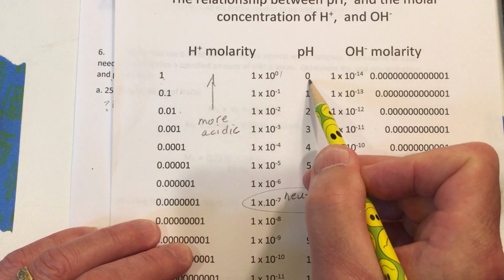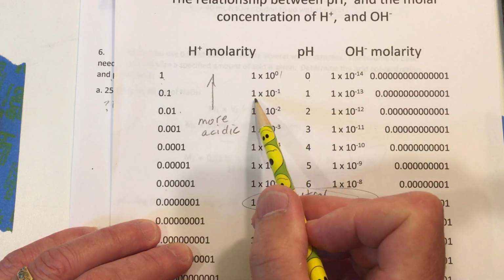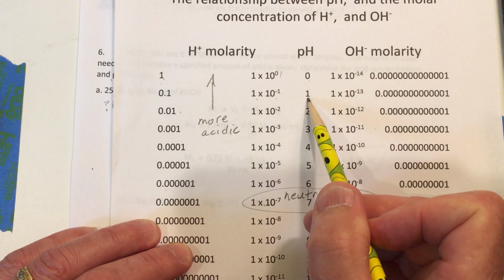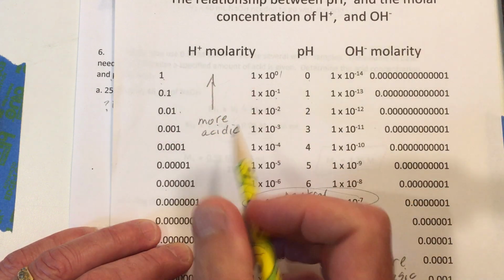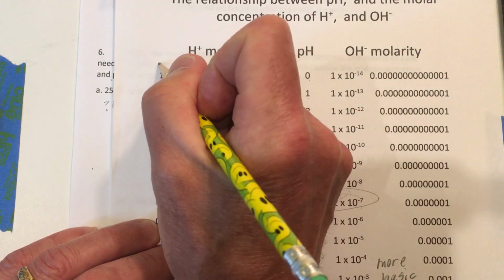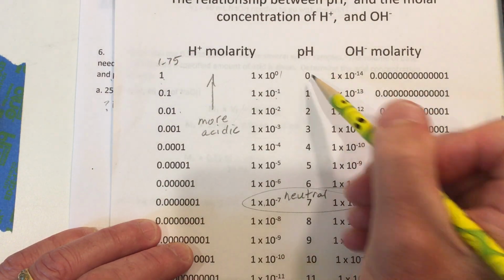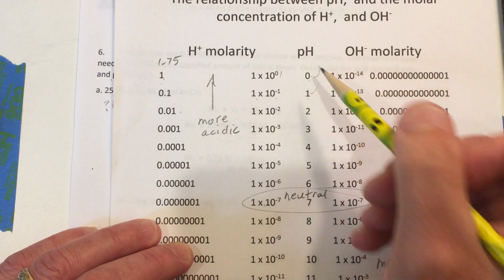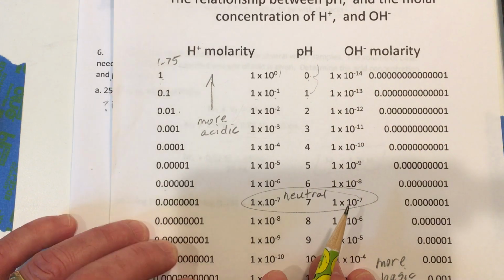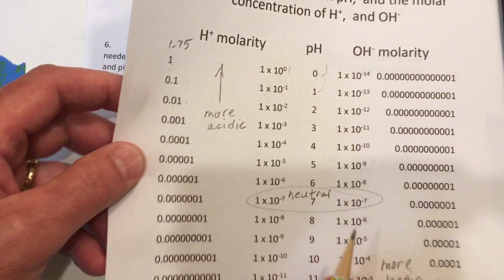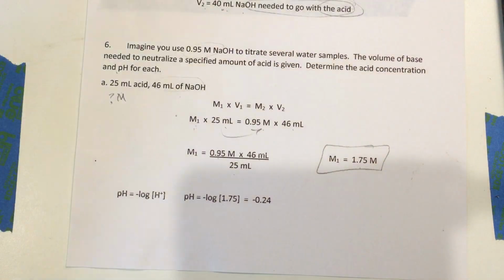The pH of 1 times 10 to the negative 1 is 1. So if the concentration is even greater than this, 1.75, then the pH has to be even less. Notice the pH is going down, it has to be less than 0. So this is going to be kind of a wonky pH. It's going to be less than 0.